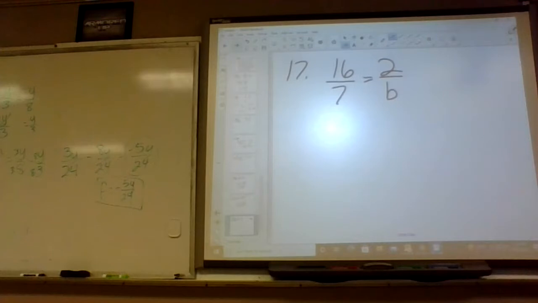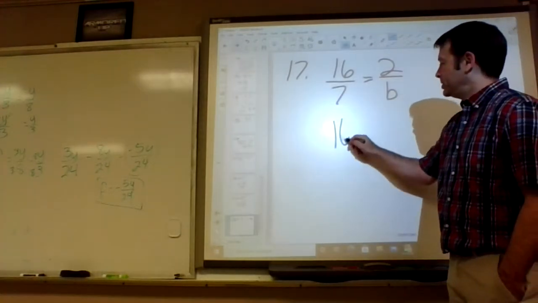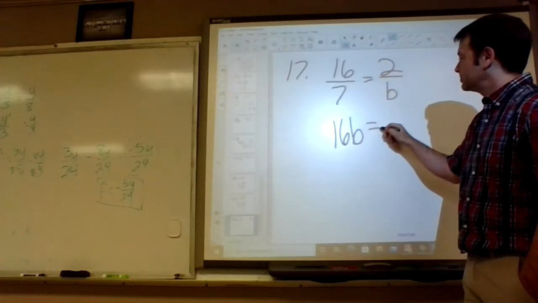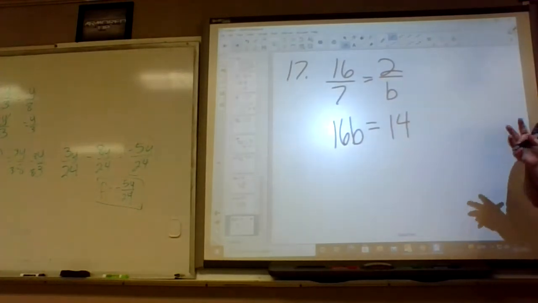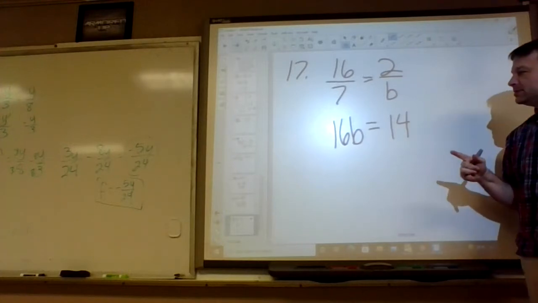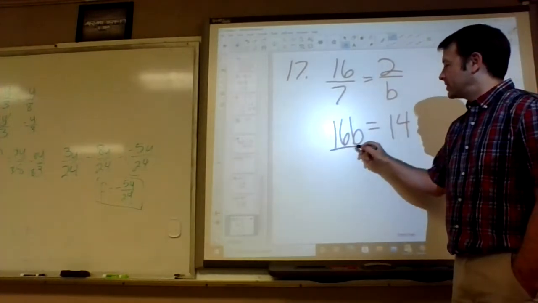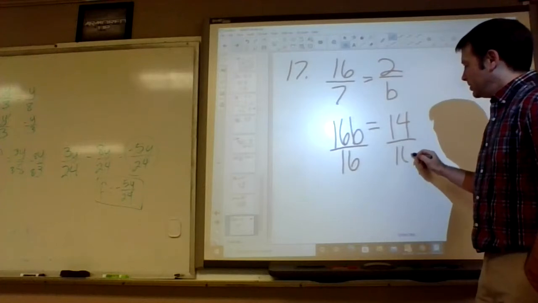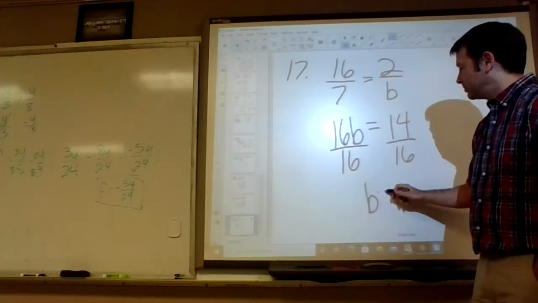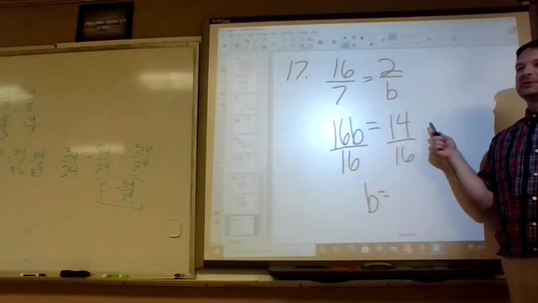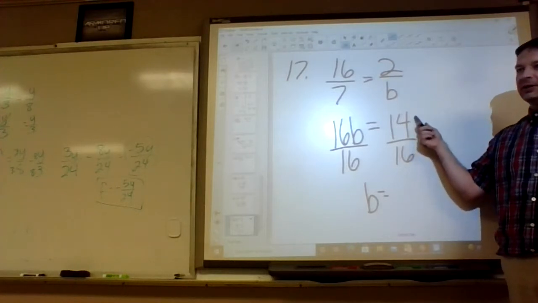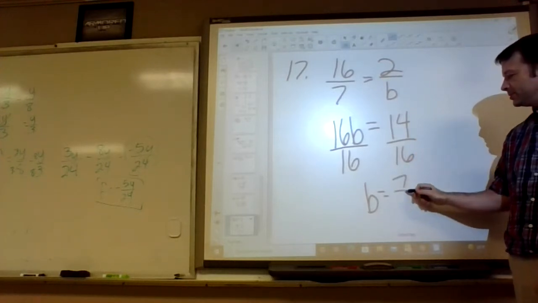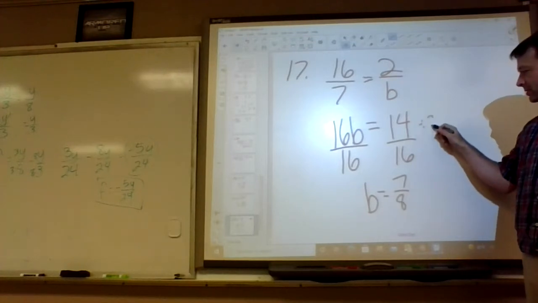Alright, now what do I do? 16g equals 14, which equals g equals 14 over 16. Divide by 16. You can reduce, divide by 2.